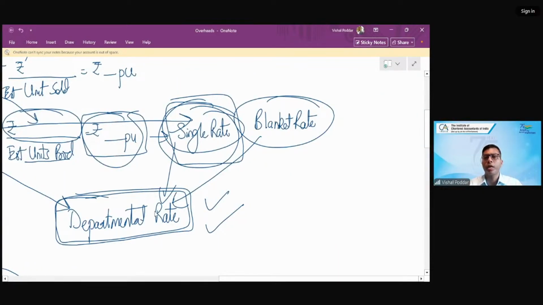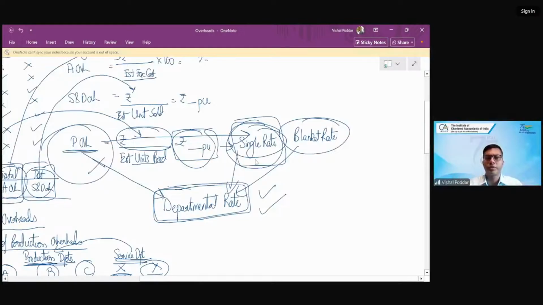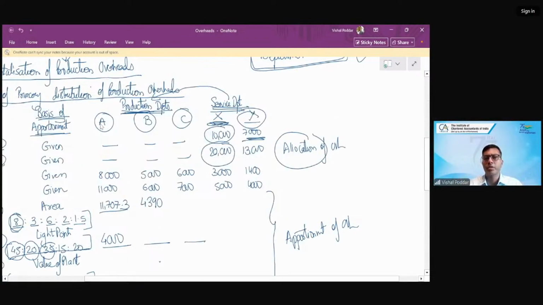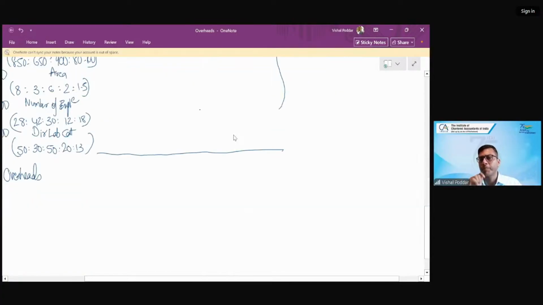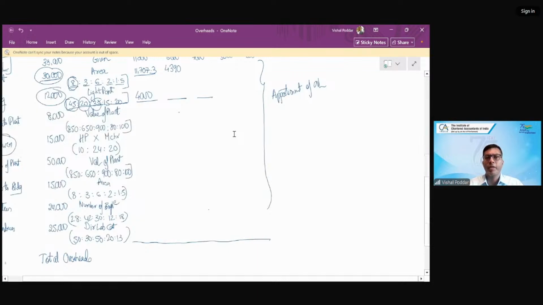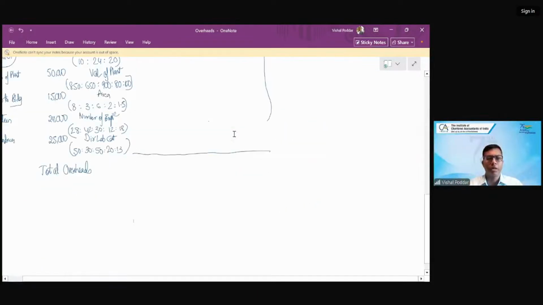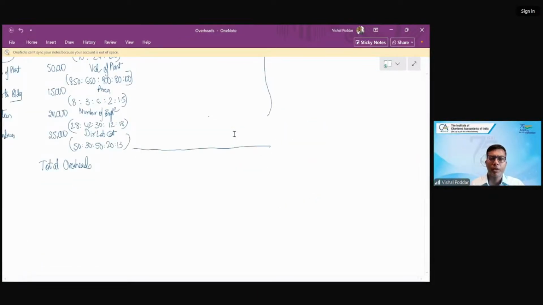If you start dividing the production overheads further into departments like production department and service department, then ultimately you will get a charging rate for each of the production departments. That is where it is called the departmental rates approach. Now, after primary distribution, where have we reached? We get the overhead expense for each of the production departments and each of the service departments.